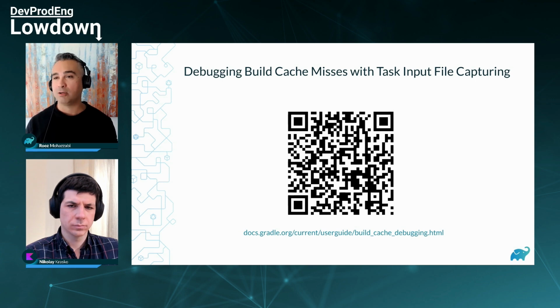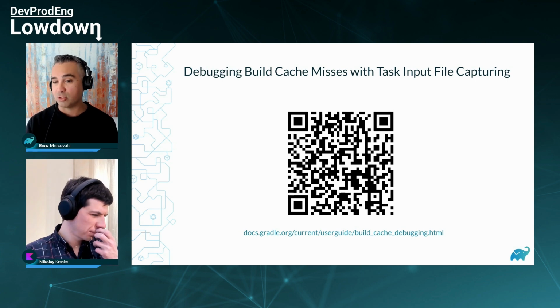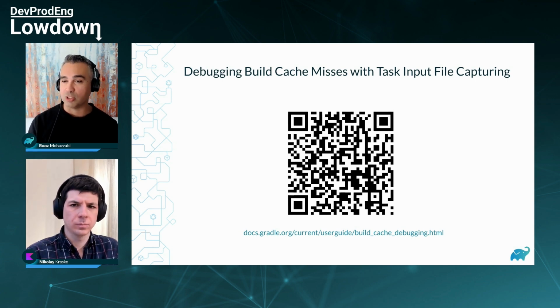If not, why not? What is happening? What tasks? You can look at the two build scans to see which tasks are running that should have come from the cache but are not. You can do this with build scans, and all that is in that tutorial.